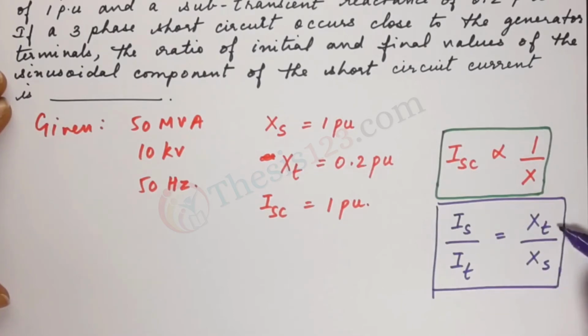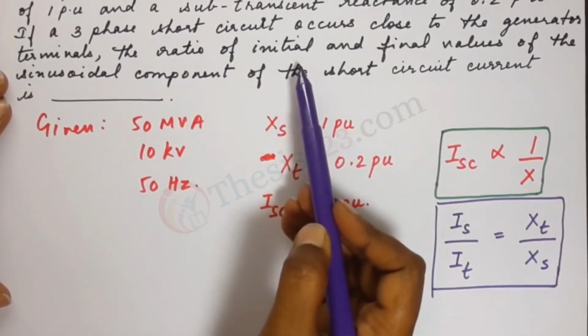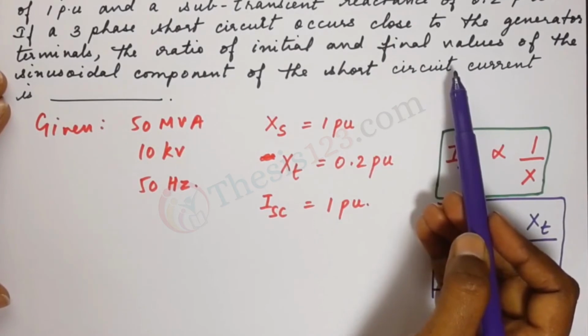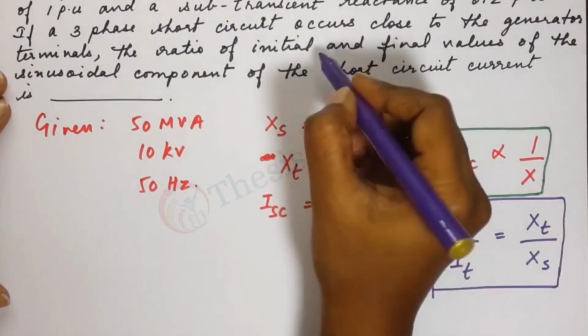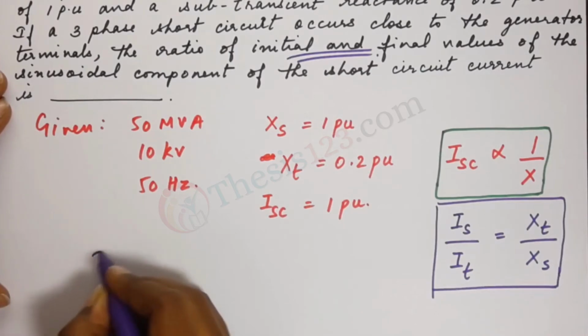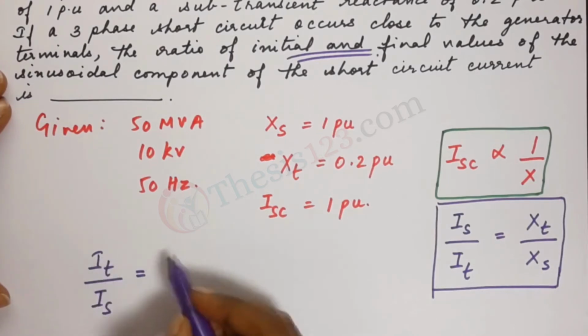Now we have that XT is 0.2 and XS as 1. Now we need the ratio of initial to the final values of the sinusoidal component. We have been asked to write down what is IT by IS, initial to final values.